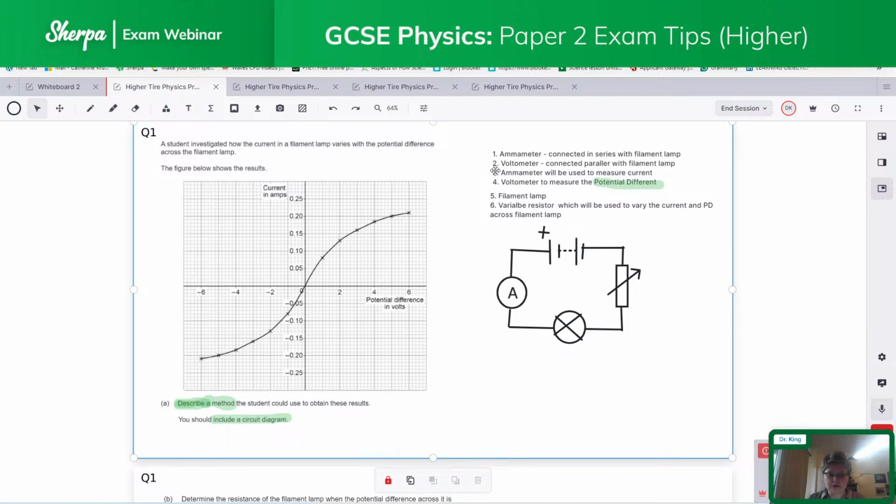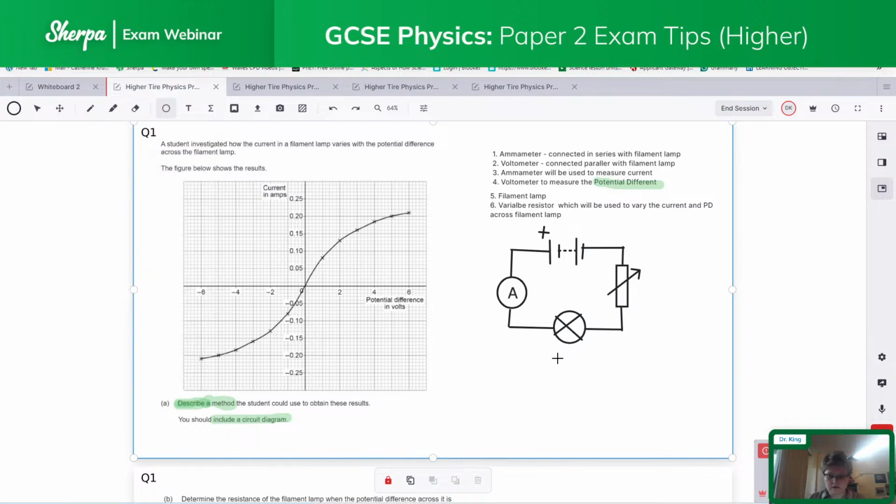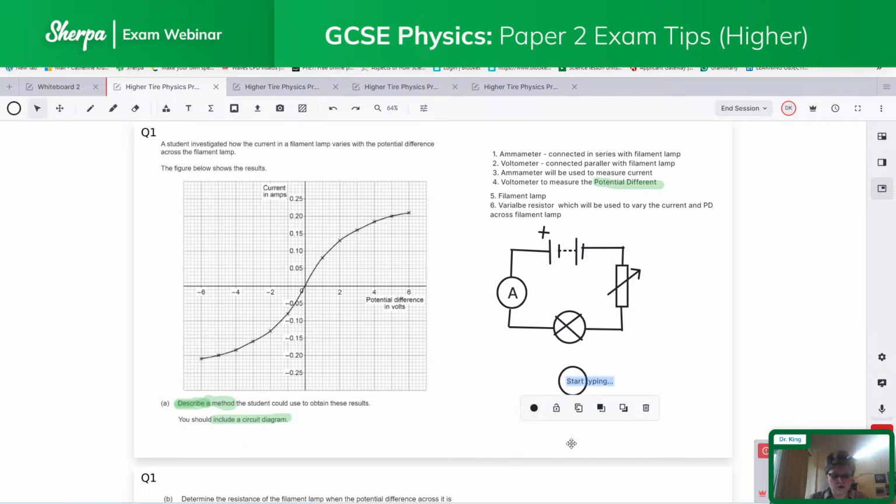Another thing we need to include in our schematic circuit is the voltmeter. We say that it's connected in parallel with the filament lamp. I highly recommend drawing that outside of the circuit, but if you draw it inside, that's not a big deal, as long as you connect it accurately, in parallel instead of in series.